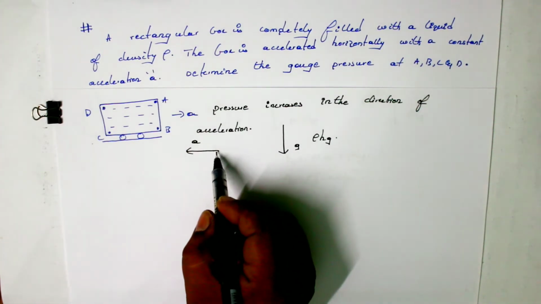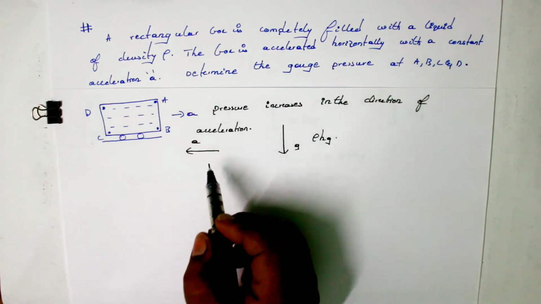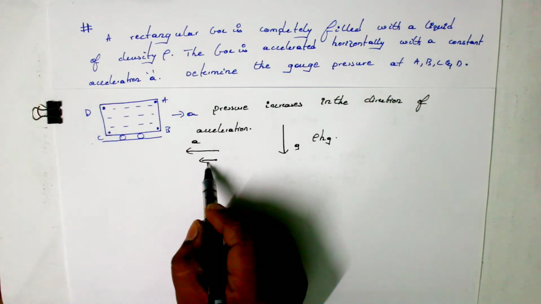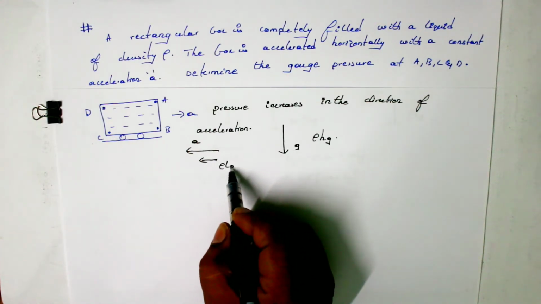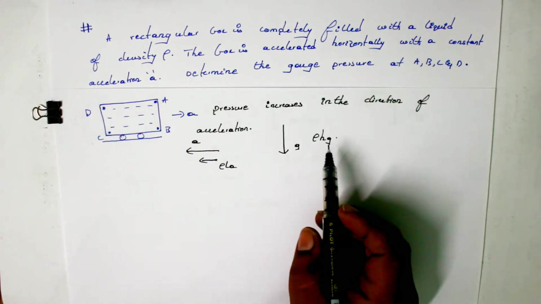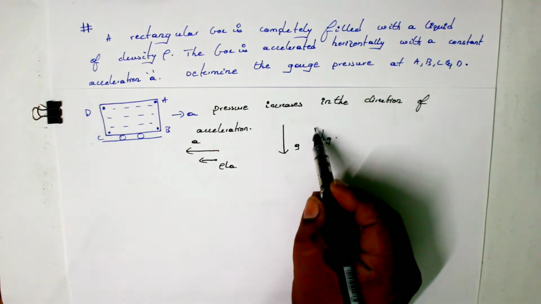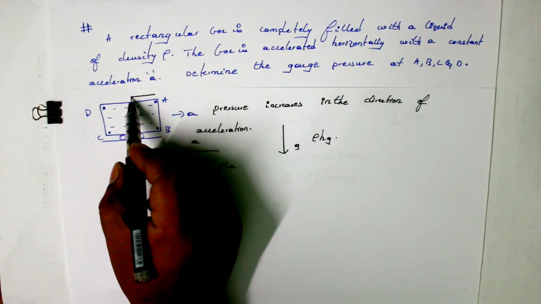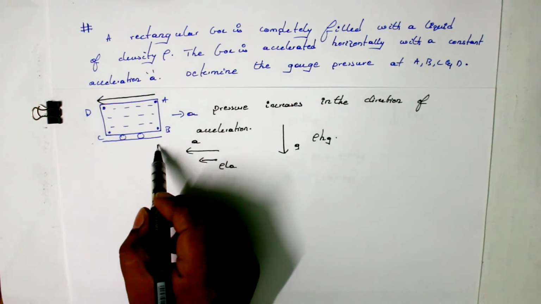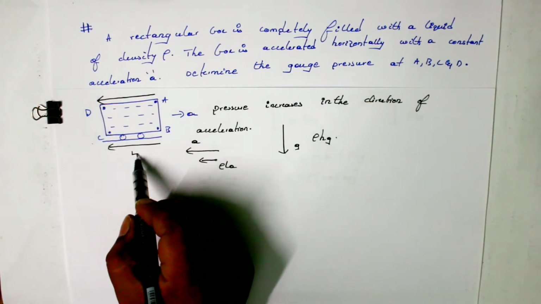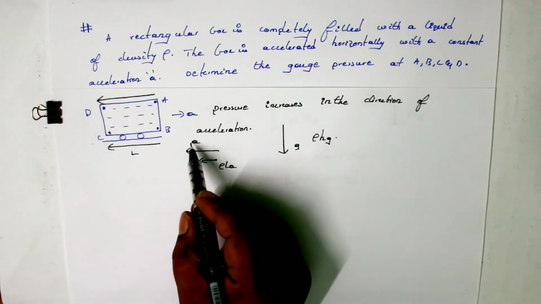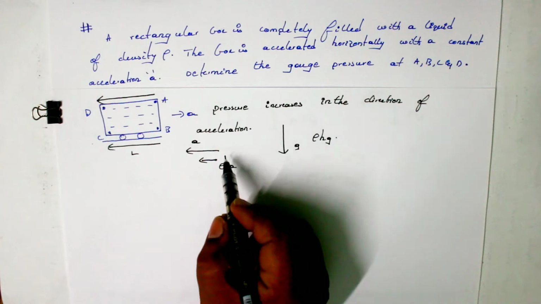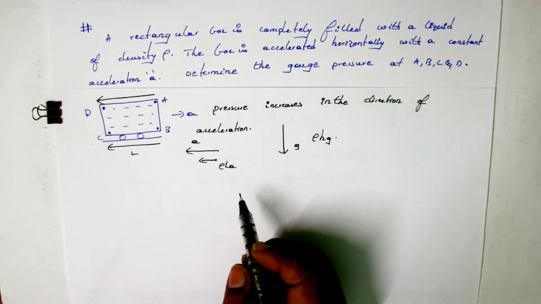So if this is the acceleration experienced by the liquid, then in this direction pressure increases according to rho L into A, where H is the height of the liquid column and L is the length of the liquid column. If this total length is L, then at this point the pressure due to this acceleration will be rho LA. This is how in the direction of acceleration pressure continuously increases.